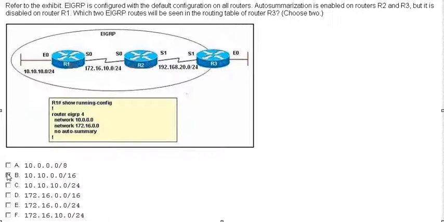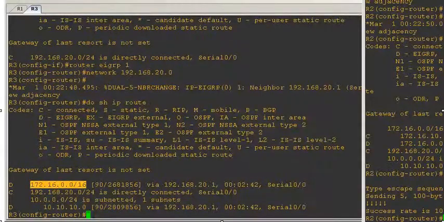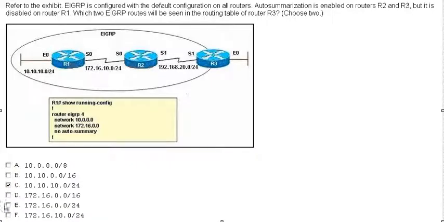Oh, I'm seeing this one, and I'm also seeing the 172.16/16 network. Alright, and what else are we seeing there?